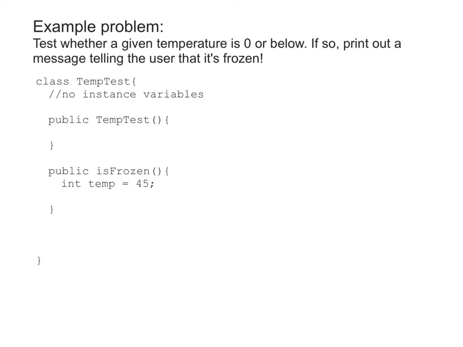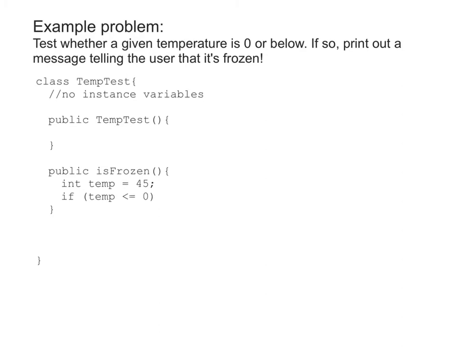And then after that, we want to do a test to see whether our temperature is 0 or below. So this calls for an if statement. In this if statement, I'll say if, because that's the syntax for writing an if statement, then open parenthesis, and we want to know if temp is less than or equal to 0.